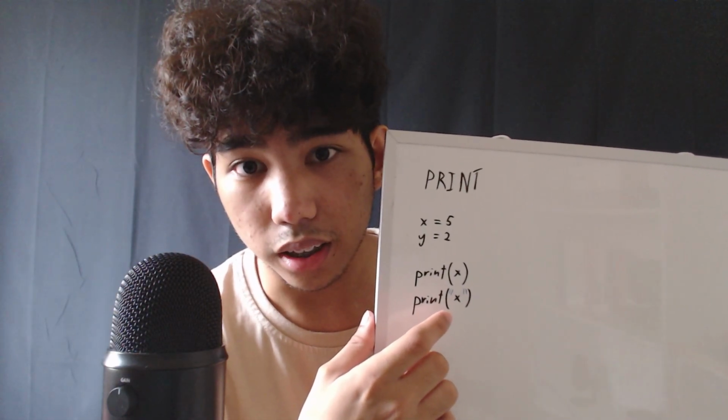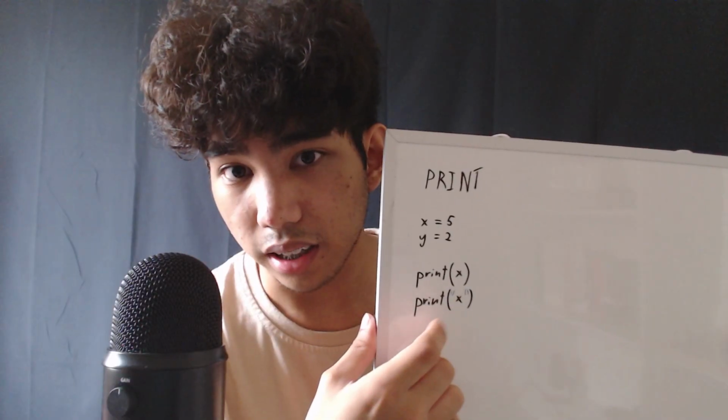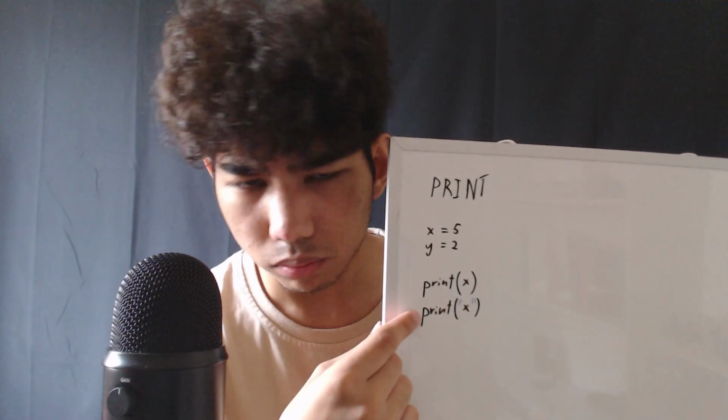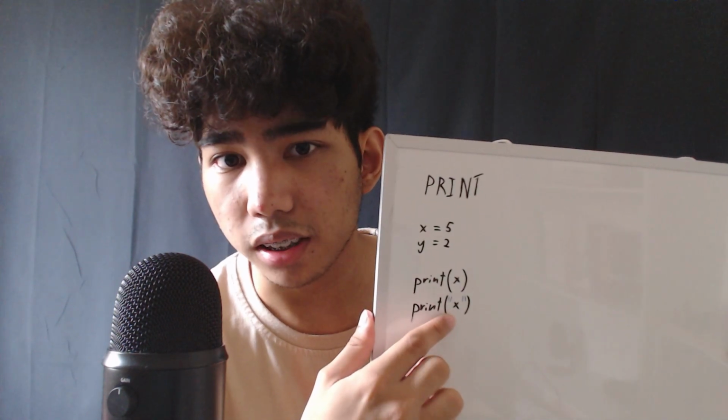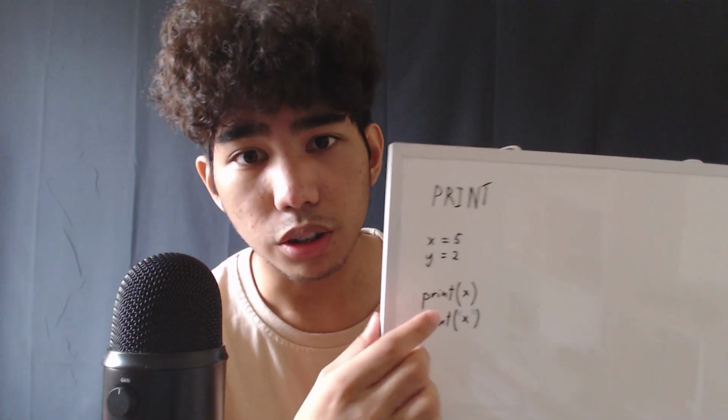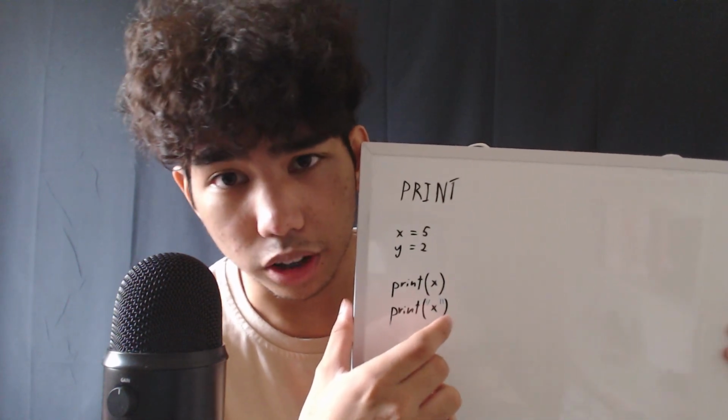So print, parentheses and quotation marks and x in the middle, and you would think that this line right here would output the number 5, because the value of x is 5. But you're wrong. It prints only x. Once again, the quotation marks do not care if it's a variable. It just prints whatever is in it.